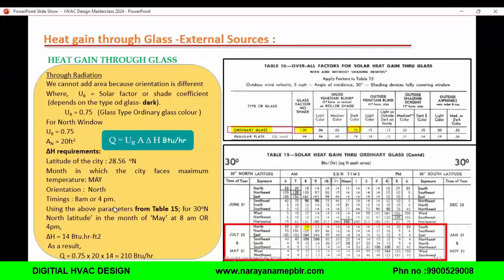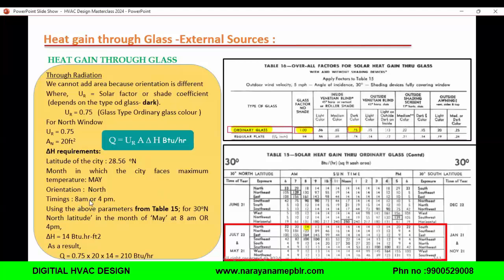So we have north, and latitude is 28.56, which is almost 30. So Table 15, solar heat gain through ordinary glass, and this is the time of the year. Mostly it says you need to consider the month of May.